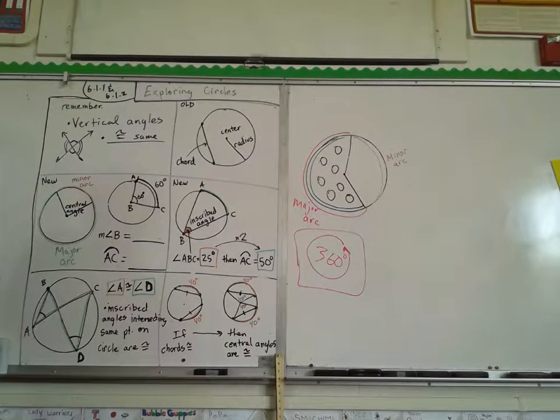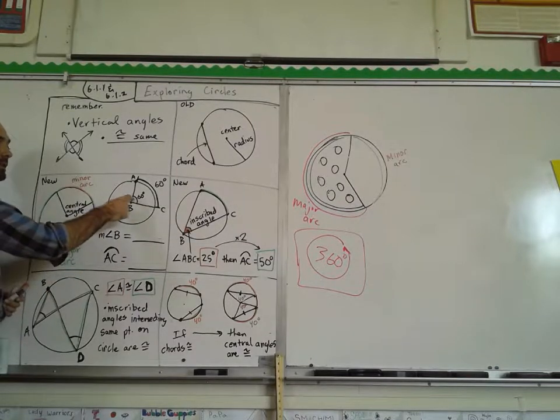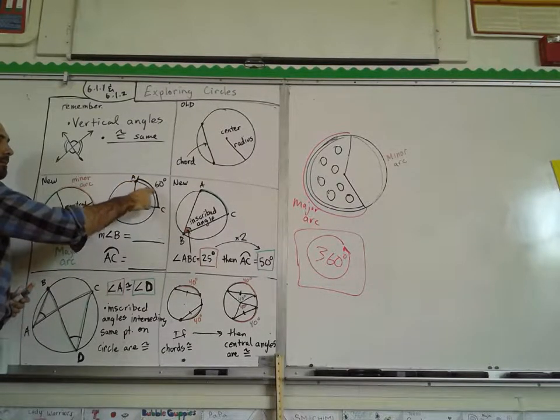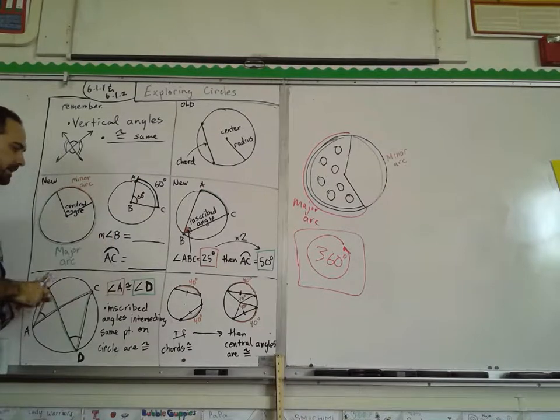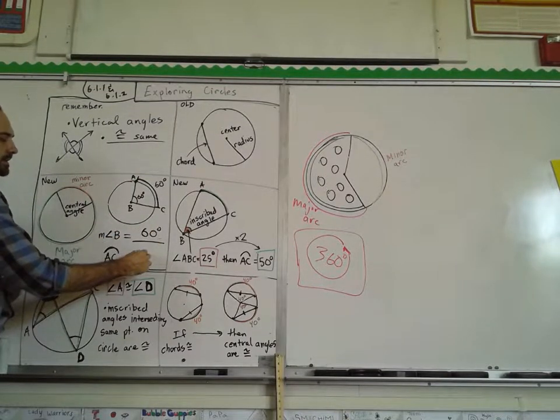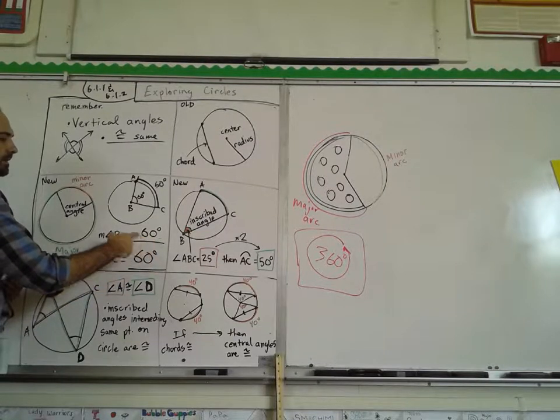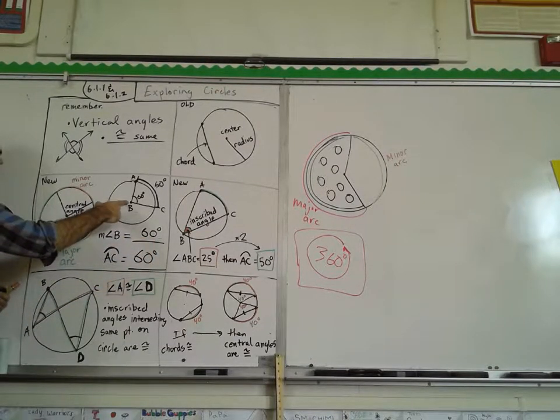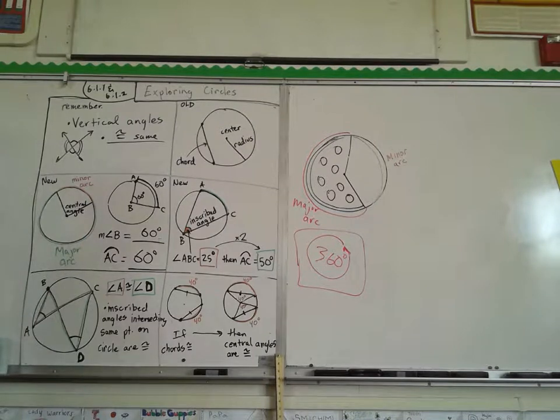So what I could say here is, if this is 60 degrees, then the measure of AC is 60. Go and fill that in right here. If the measure of angle B is 60, then I know my arc AC is also 60. Also notice this little bow right here.